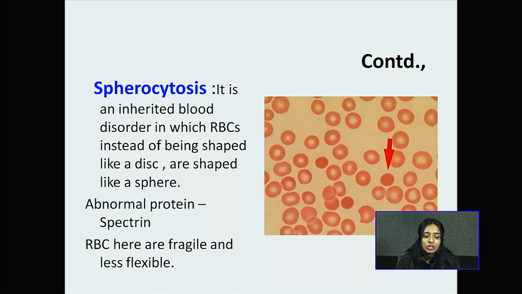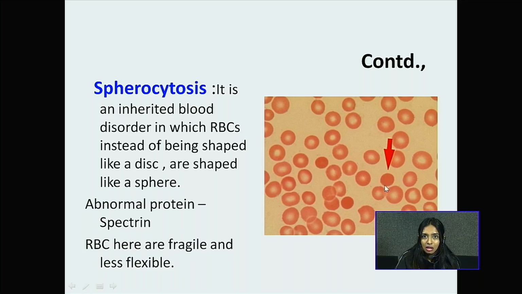Now, spherocytosis. What is spherocytosis? It is an inherited blood disorder in which RBCs, instead of being shaped like a disc, are shaped like a sphere. The RBC's normal shape is disc-like, flattened. As you can see in the diagram, this is the normal disc shape, but here the cell is shaped like a sphere.